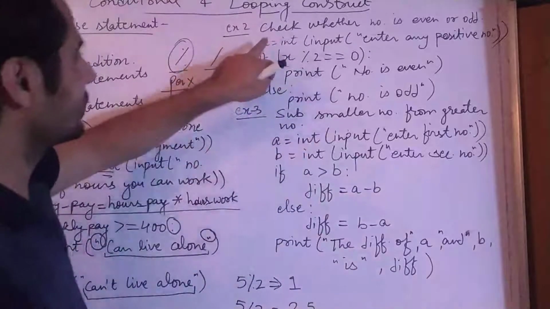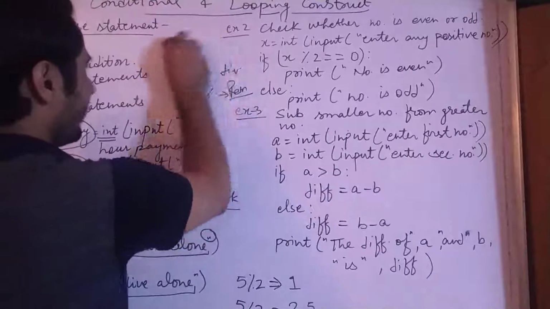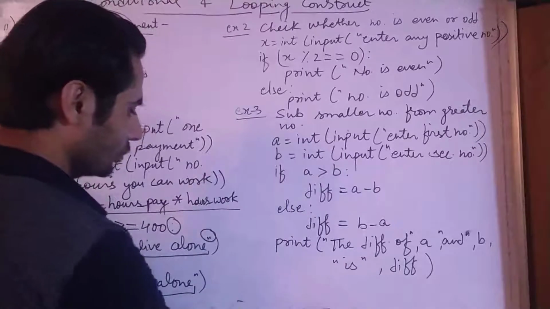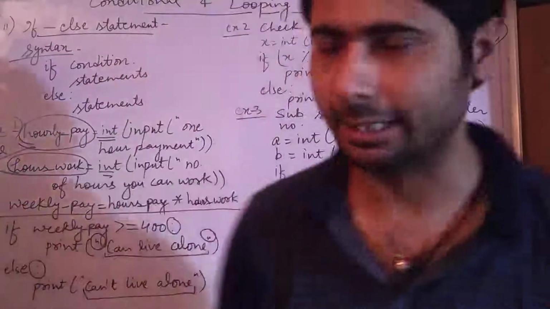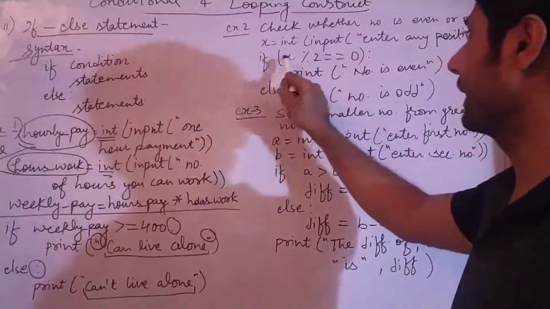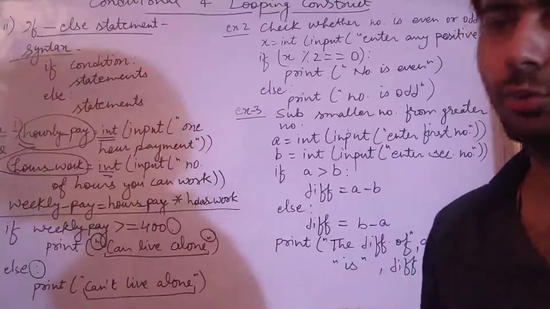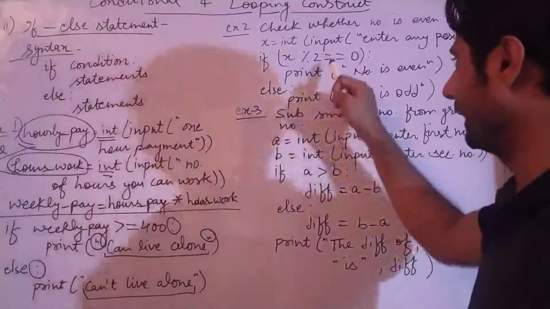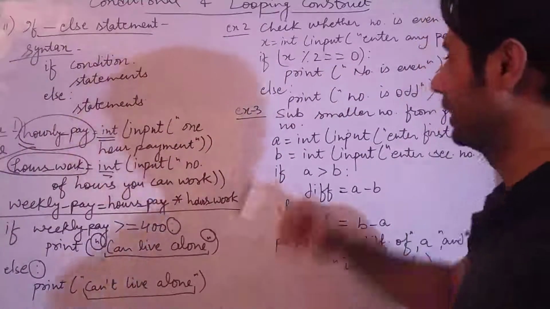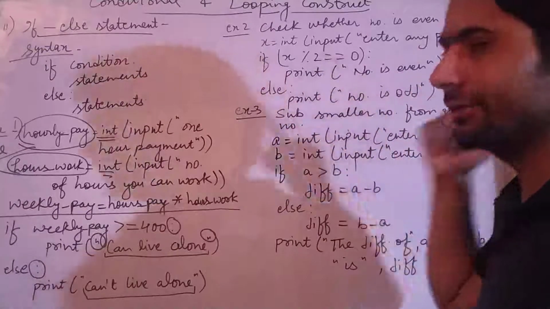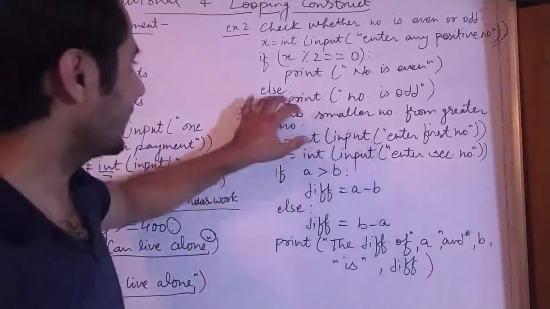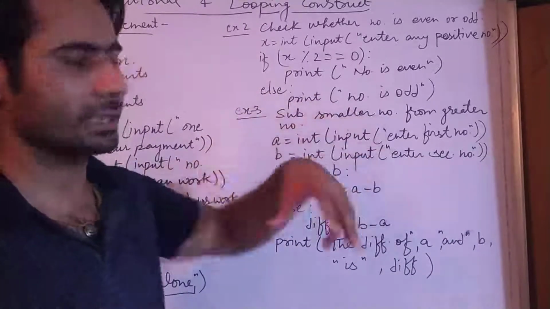So we take a variable x. यहाँ पर हमने x एक वेरिएबल लिया है और उस वेरिएबल के अंदर यूजर से एक वैल्यू को इनपुट कराया है. ओके, x इनपुट any positive number. If x modulus 2, अगर वो नंबर 2 से डिवाइड होने के बाद रिमाइंडर उसका आता है 0, if it gives us remainder 0, then number is even. जो नंबर आपने इनपुट किया है दैट इज even number. Else print number is odd.